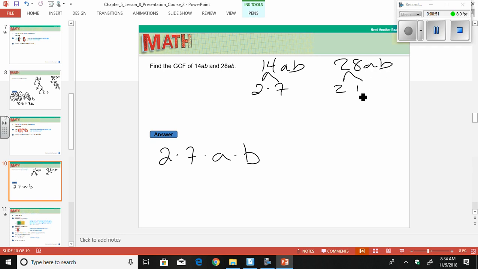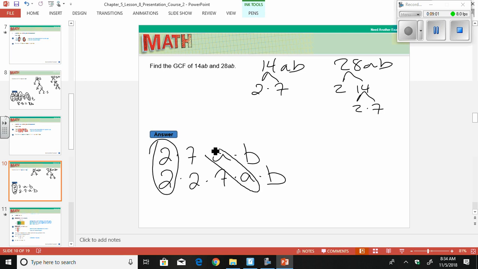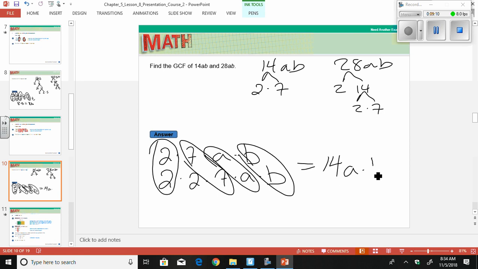So that's 2 times 14, 2 times 7. So that's 2 times 2 times 7 times A times B. So we have a 2 in common, an A in common, a 7 in common, a B in common. So 2 times 7 is 14 times A times B. So we're just multiplying what they have in common to get our GCF.